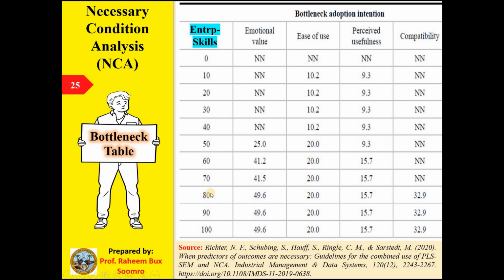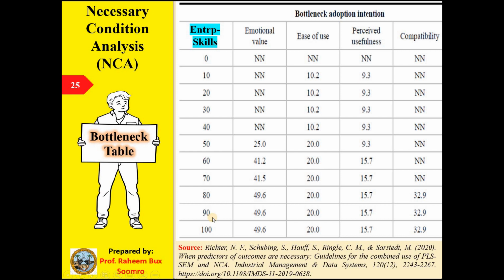So now if you want to increase the interpretability skill up to 80%, then 49% of the emotional value, 20% of the ease of use, 15% of the PC usefulness, and 32% of the compatibility is necessary. While in case of the interpretability skill at 100%, if you want to increase to that, it is 49.6, and then 20 and 50 in the rest.